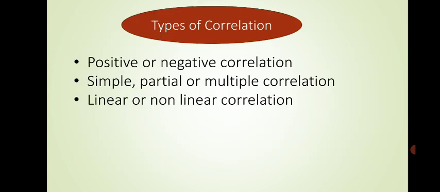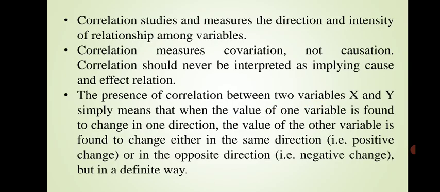The presence of correlation between two variables x and y simply means that when the value of one variable is found to change in one direction, the value of the other variable is found to change in either the same direction, which is called a positive change, or in the opposite direction, which is called a negative change, but in a definite way.